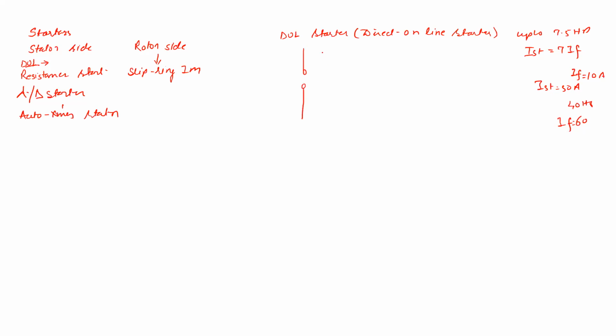Here, some overload relay is connected. As soon as the current goes beyond some particular limit, it can be stopped.